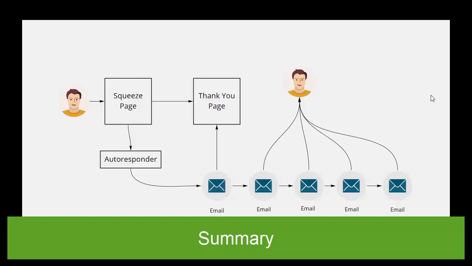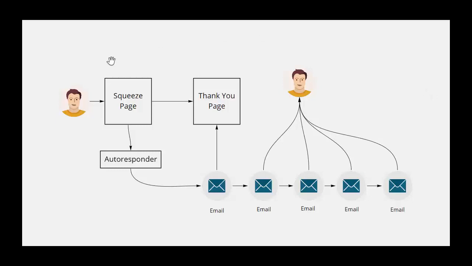So now you know every step you need to take to build your first email list. You need a product that you can give away. You need a squeeze page so that people know what they're signing up for to get your free product.